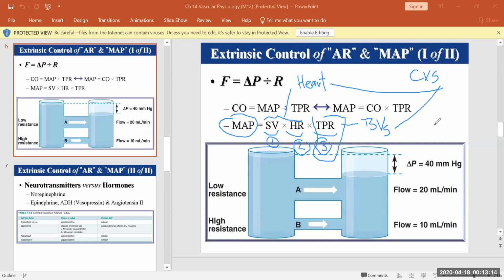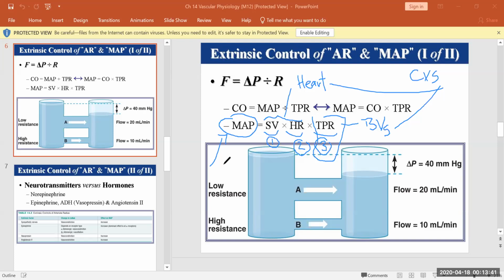So you need that blood perfusion, you need that blood flow. The reason why blood flows in our blood vessels is because of one driving force, and that driving force is MAP. That driving force depends on three factors, two of which come from the heart, and the third one comes from the blood vessel.